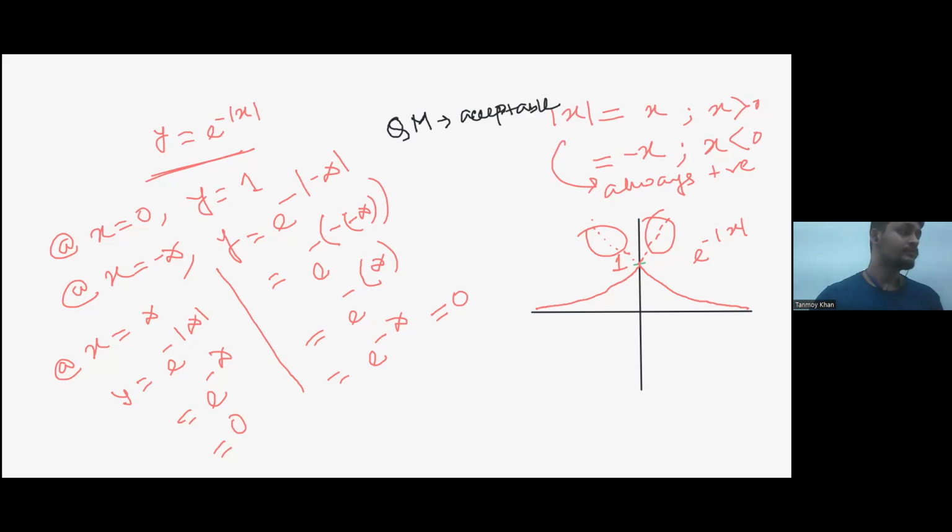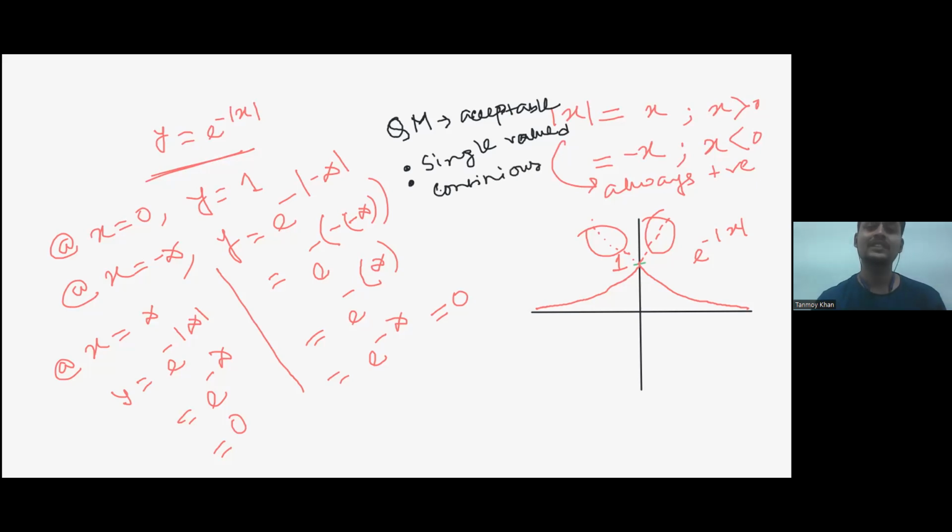There are two criteria. One is single value, and the other is the first derivative needs to be continuous itself. It needs to be continuous. Never will it become infinite.